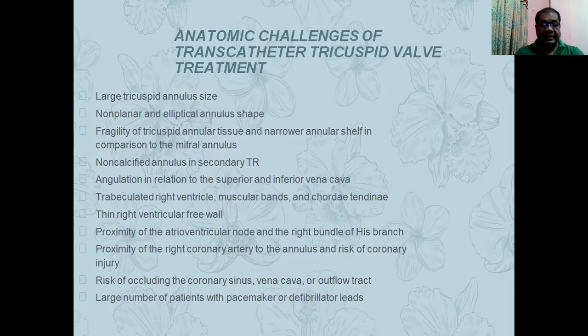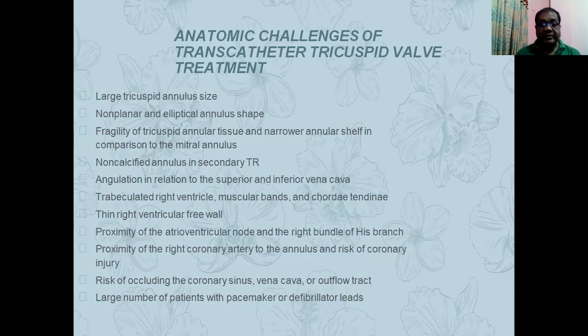valve very well. Angulation in relation to the superior and inferior vena cava makes it technically difficult to place a transcatheter valve. The right ventricle is very much trabeculated. There are a lot of muscular trabeculae and chordae tendineae, which makes it difficult to anchor the valve in the tricuspid annulus. There is a thin right ventricular free wall, which may rupture at any point.